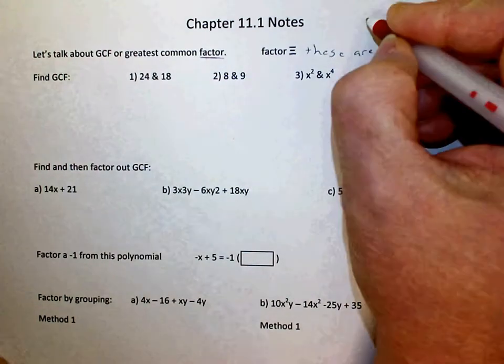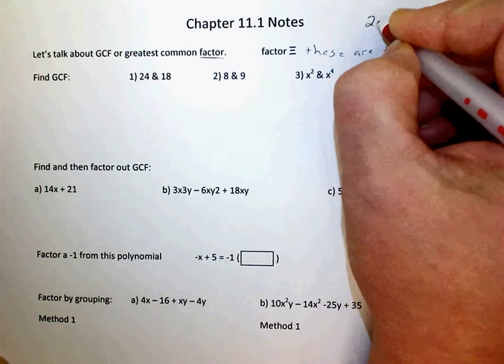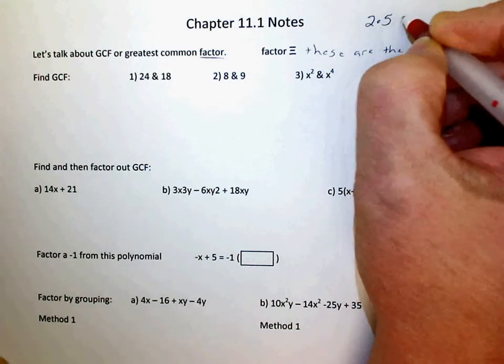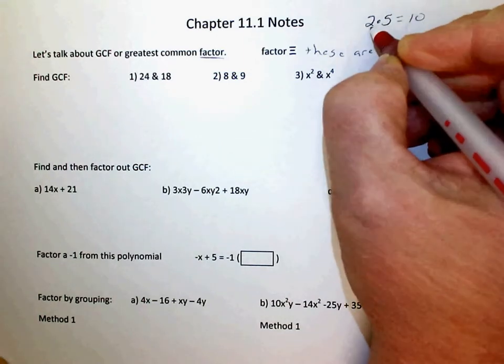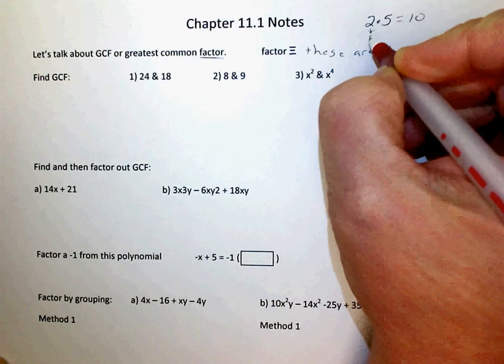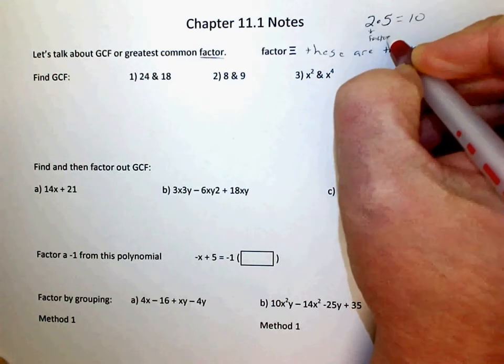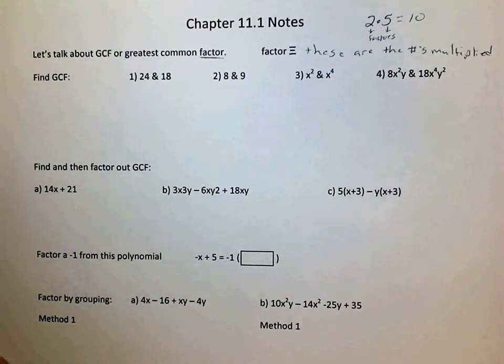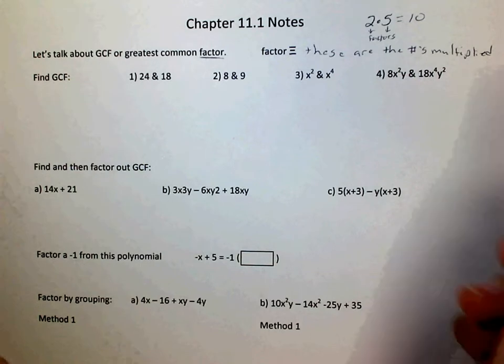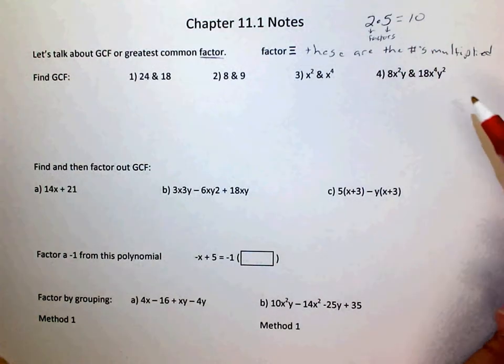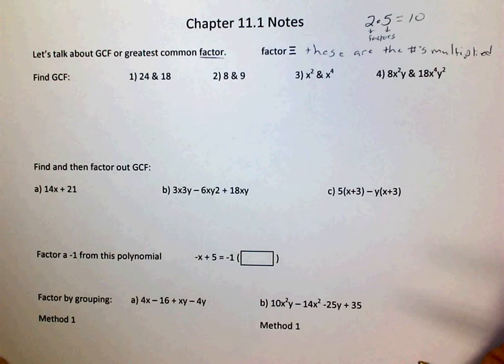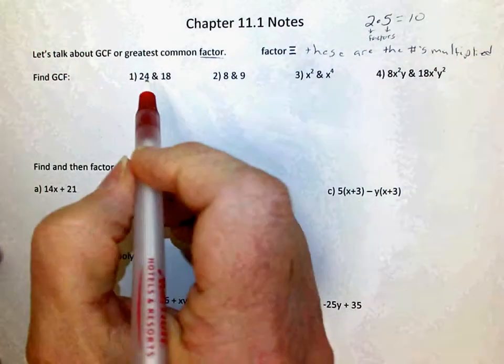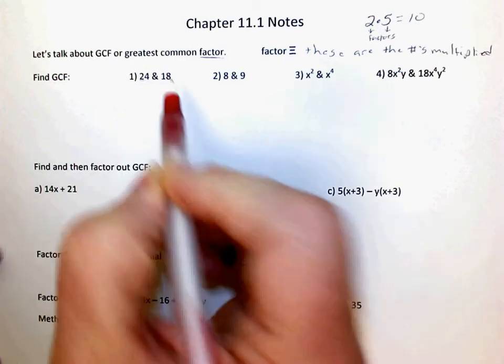So, like if I have 2 times 5, that equals 10. Well, these are the factors. Both the 5 and the 2 are factors. But are they as big as 10? No, they're smaller than 10. Okay? So, let's look at 24 and 18.